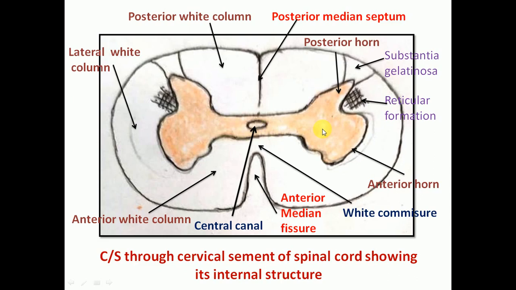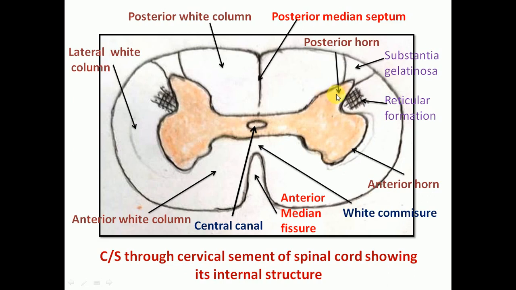Now this gray matter on its right side as well as left side is again divided into three horns. This is called the anterior horn, this one is the lateral horn, and this one is the posterior horn. The anterior horn is related with the motor fibers, the lateral horn is related with the communicating or association fibers, and the posterior horn is related with the sensory fibers.